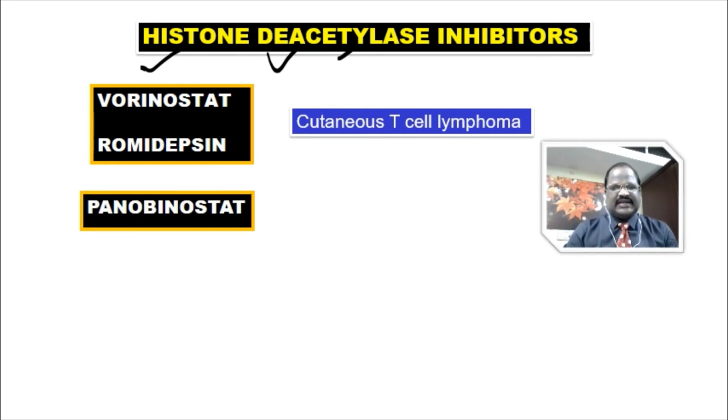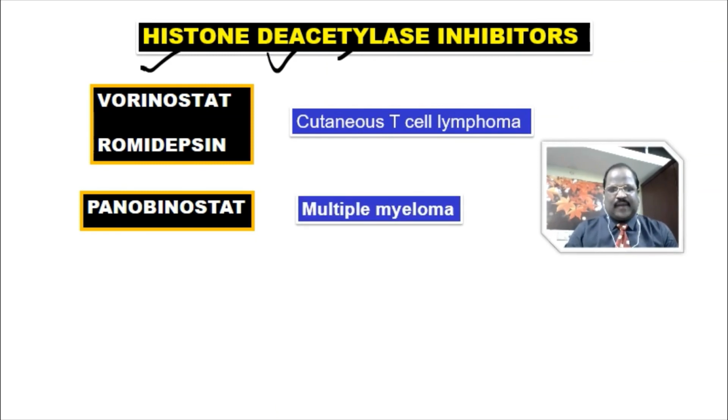Another latest histone deacetylase inhibitor is panobinostat. Panobinostat is useful for treatment of multiple myeloma. So the question: find out the histone deacetylase inhibitor useful for treating multiple myeloma. Think of panobinostat.